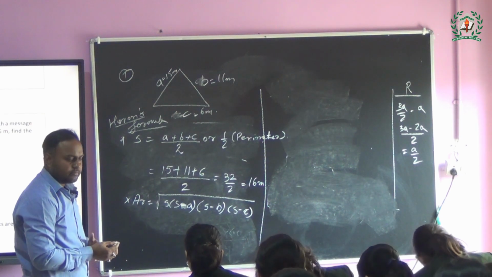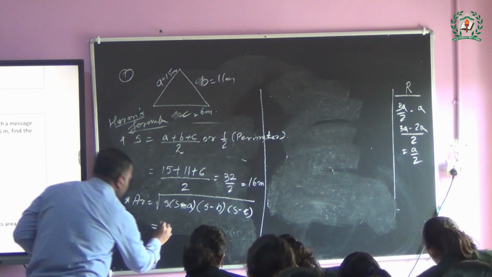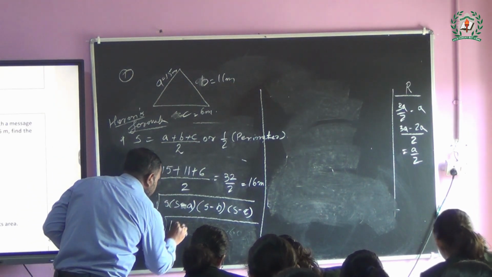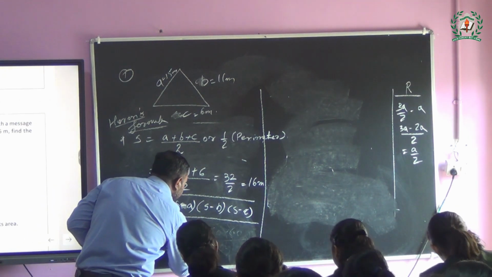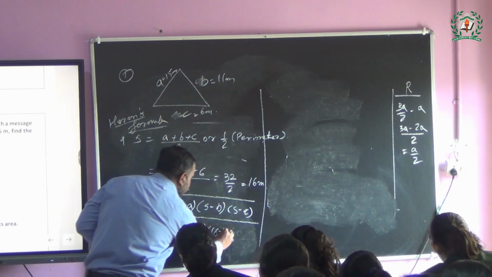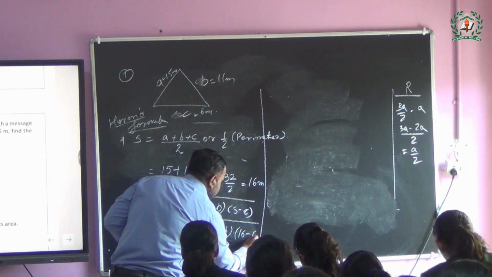Very clear. Very good. So let's see what value we have for S. 16. Very good. 16 minus A is 15, 16 minus B is 11, and then 16 minus C is 6.